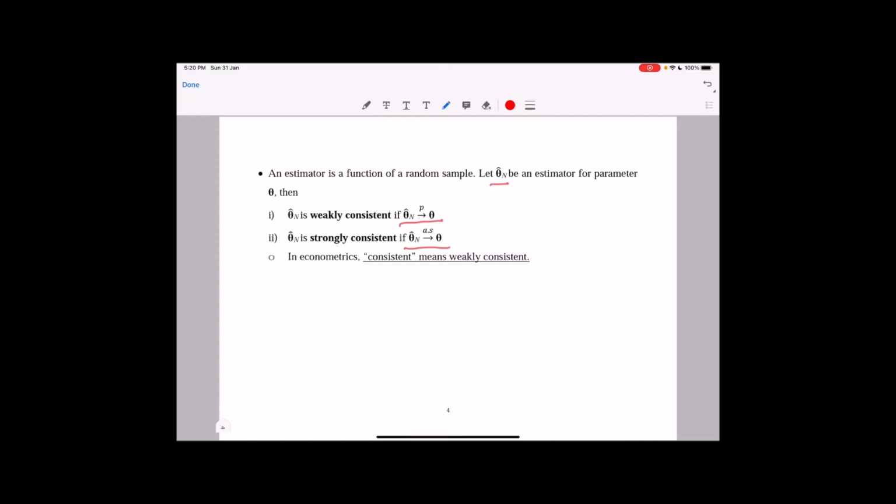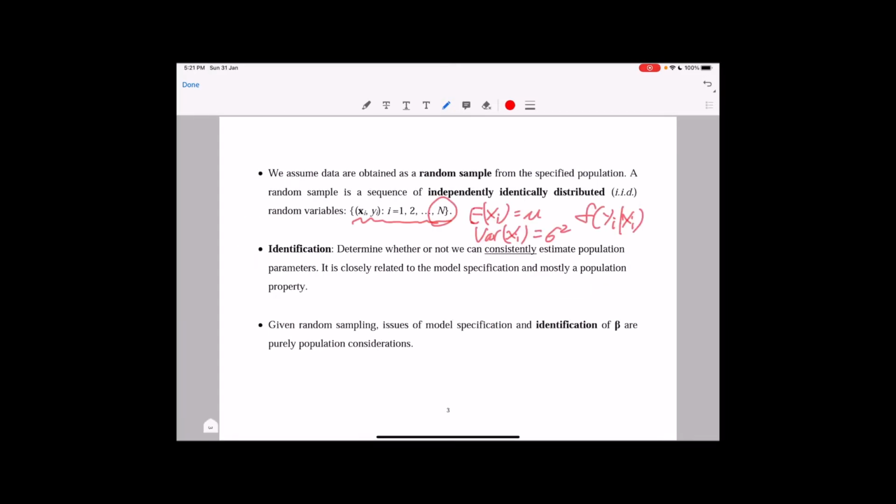In econometrics, when we say consistent, we actually mean weakly consistent, meaning the probability limit. So identification means whether we can create an estimator such that its probability limit is the true population parameters.